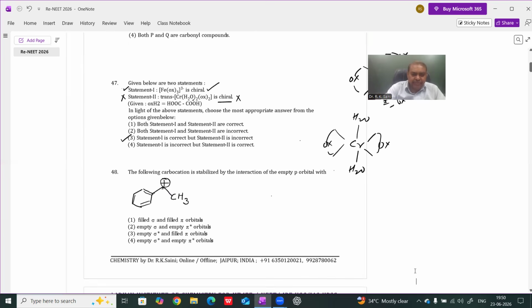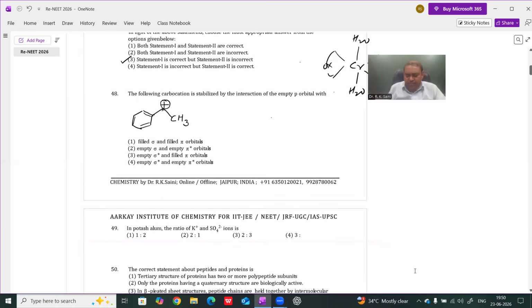Question 48. This question is very simple, taken from GOC, or we can say stability of carbocation. The stabilization of the secondary benzyl carbocation, in which hyperconjugation as well as resonance is there.